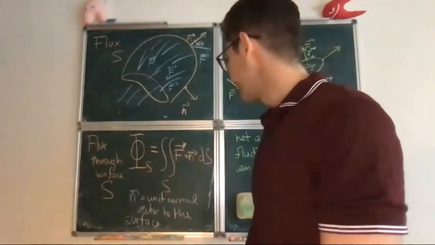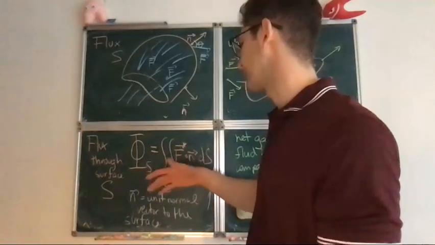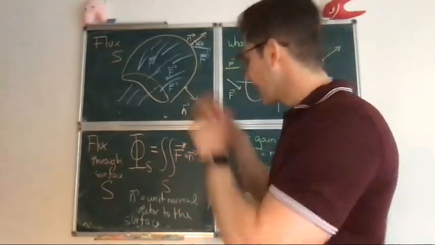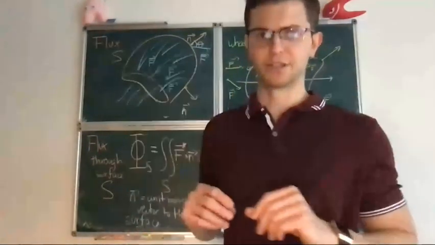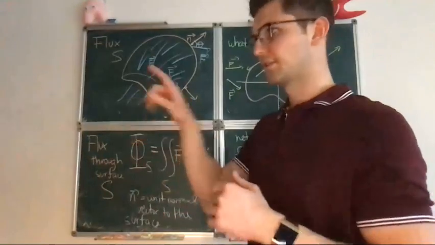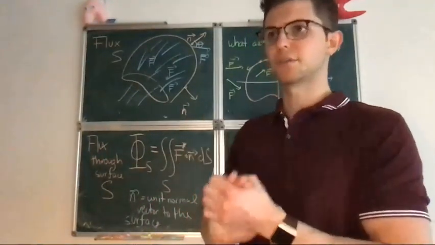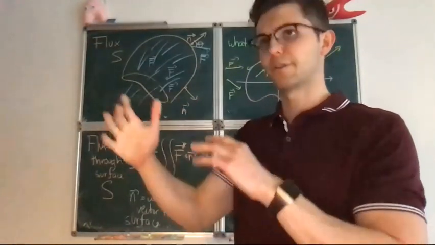And what we will do in the next video is do an example where we compute the flux. The point is that this is the official definition of flux, in the same way in which the official definition of the work was in terms of a line integral. But then with Stokes' theorem, you realize that you could compute the work using the curl of the vector field and a different integral.